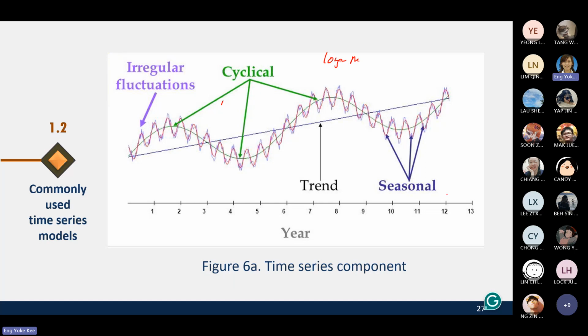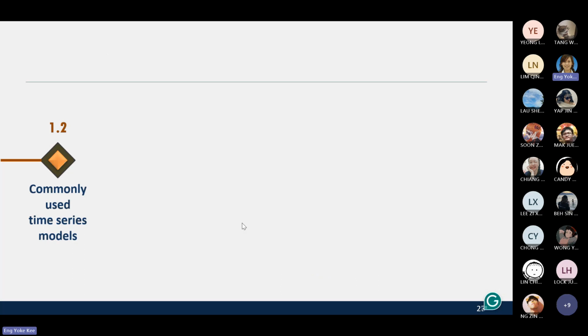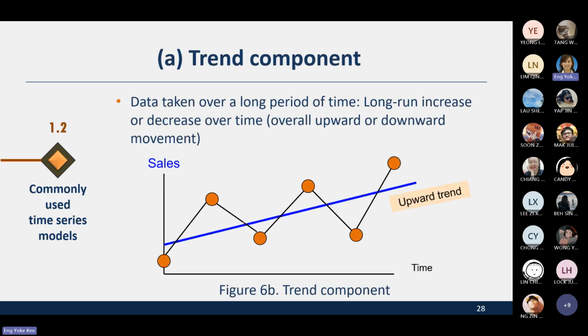So let's look at these patterns accordingly. When we talk about the trend pattern, it is a long run concept, so normally you see this kind of data in a long-term manner. Annual data will normally portray this kind of pattern. This is a typical pattern that you see.